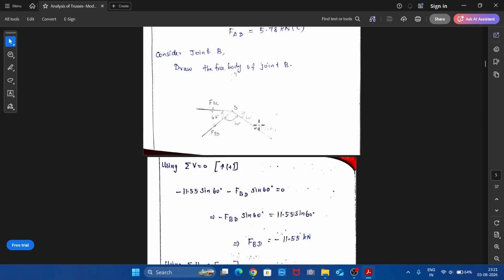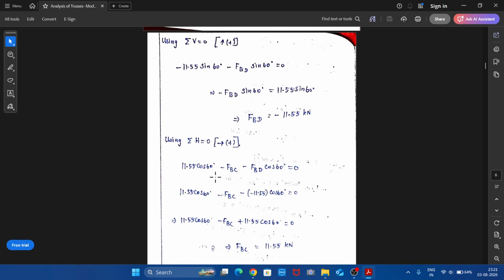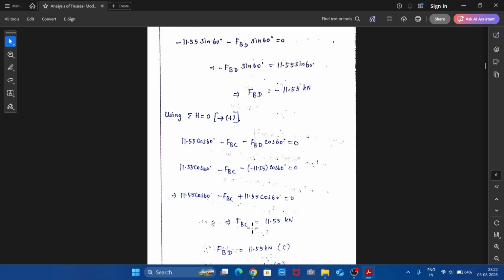If I resolve this 11.55 kilonewton along the horizontal axis, 11.55 cos 60 will be there and will move towards right, therefore plus. So 11.55 cos 60 is plus, minus F_BC since it acts towards left, and the resolved component F_BD cos 60 will move towards left, therefore minus, equal to 0. Substitute the known values in this, and we'll get the unknown value of F_BC.